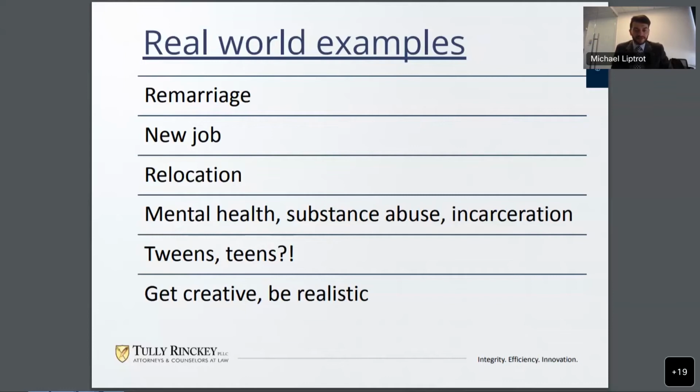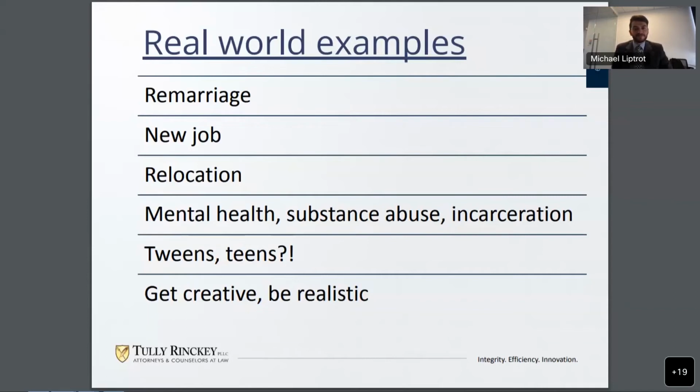Then maybe obviously, if there's a sudden deterioration in the mental health of either party, if they experience a crisis or episode, that can trigger analysis there about the custodial arrangement. If either party is experiencing issues with substance abuse, or if a party becomes incarcerated, that's going to certainly affect their parenting time if they're the non-custodial parent. And if they are the custodial parent, you're going to have an almost automatic change in custody in the case of incarceration.